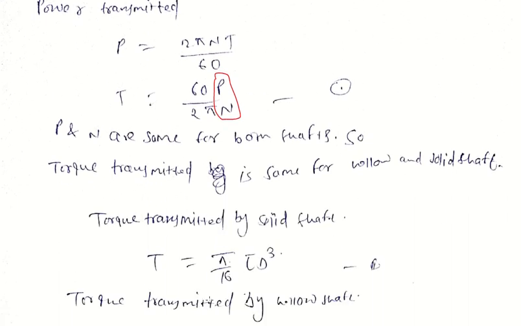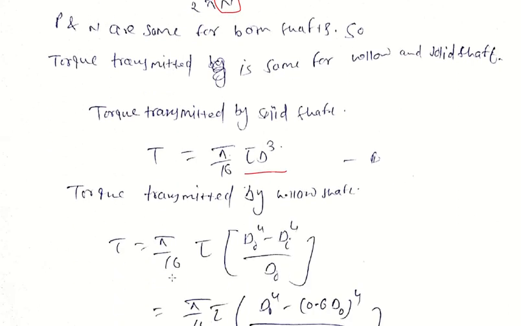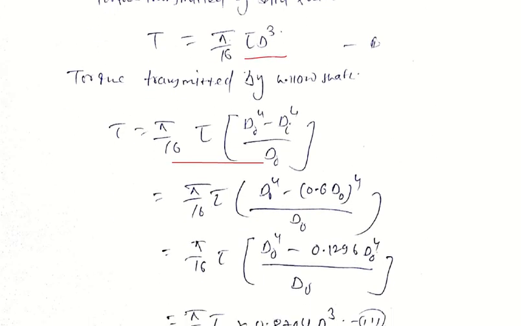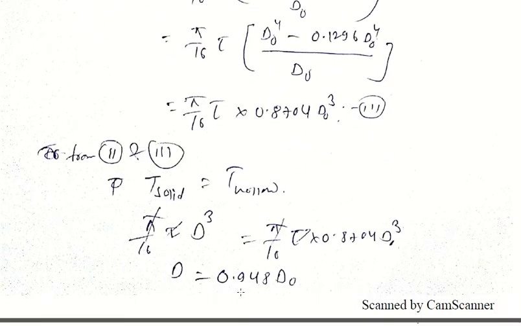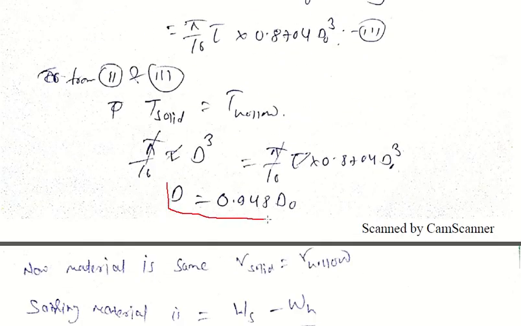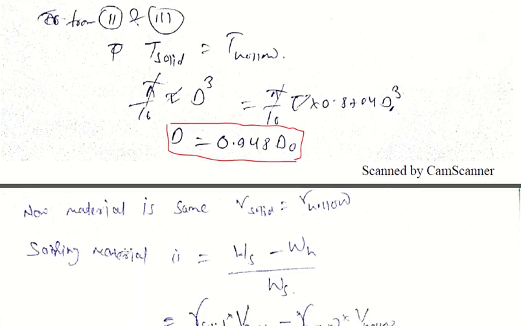So we know T equals pi by 16 tau d cubed, and similarly for the hollow shaft. So we equate these values and we get the relationship between the solid shaft diameter and the outer diameter of the hollow shaft.